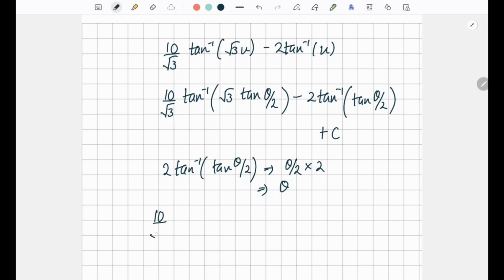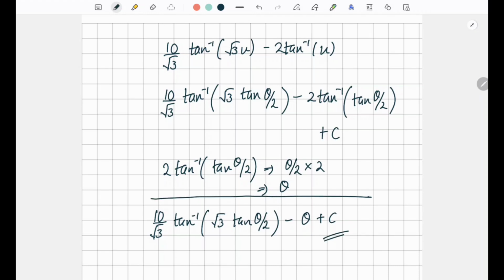It's going to be 10 over root 3 tan inverse root 3 tan theta over 2 minus theta plus c. Well, you guys don't need to know this, but if you put this in your calculator, you can see you'll get theta as the answer. But you could leave your answer like this or like this, any way you like, it doesn't matter.